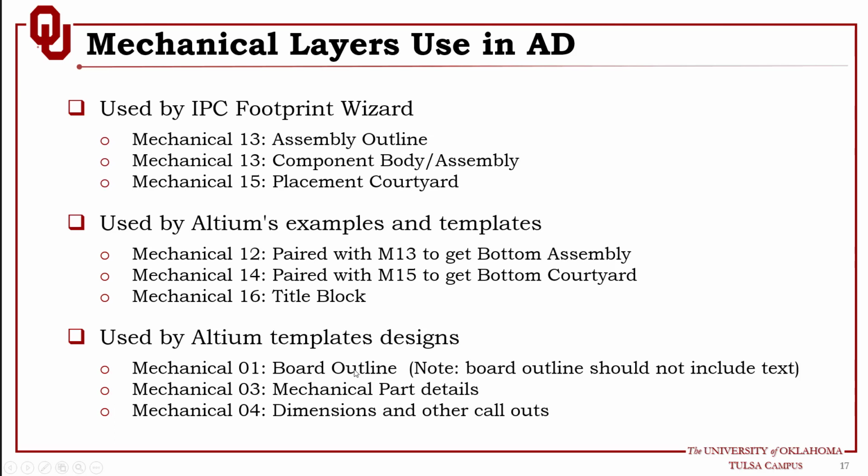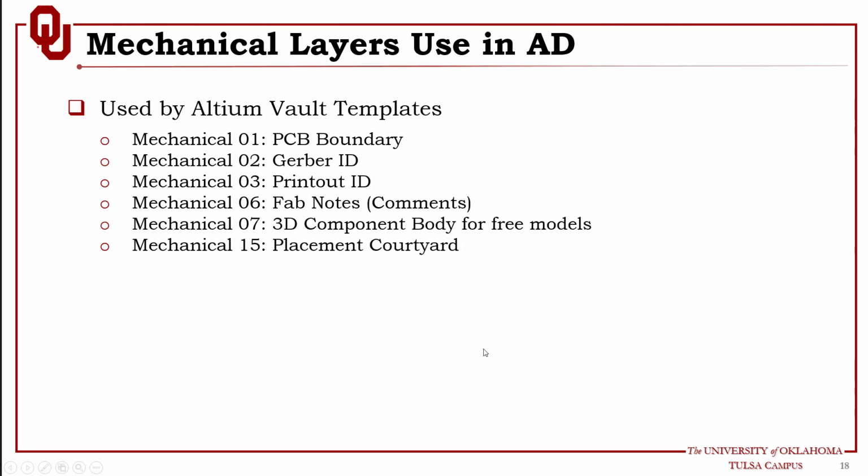As an example of the board outline, if you look at a Texas Instruments reference design project, they have the board outline on mechanical layer 1. If you look at the Altium Vault templates, they use mechanical layer 1 for the PCB boundary, mechanical layer 2 for Gerber IDs, mechanical layer 3 for printout IDs, and mechanical layer 6 for fab notes.